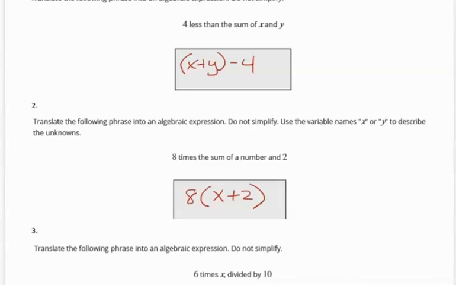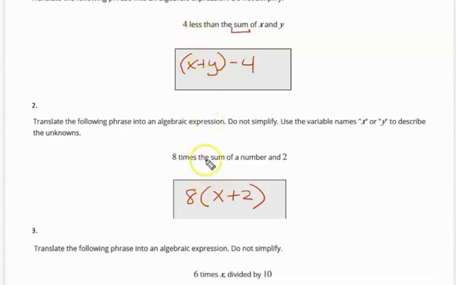Okay, now the key when you see the word sum is to put that in parentheses. This unites that, makes it a sum. So (x + y) in parentheses, and then a minus 4, less 4, or 4 less.